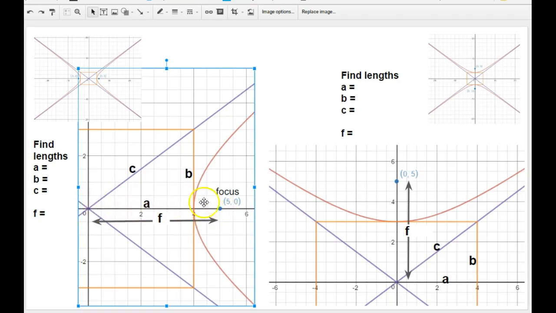So if you want to figure out the distance to the focus, given a hyperbola, all you need to do is figure out the length of the hypotenuse of this right triangle, which you can find, of course, by the Pythagorean theorem. So, for example, in this particular case, a is 4, b is 3, okay?